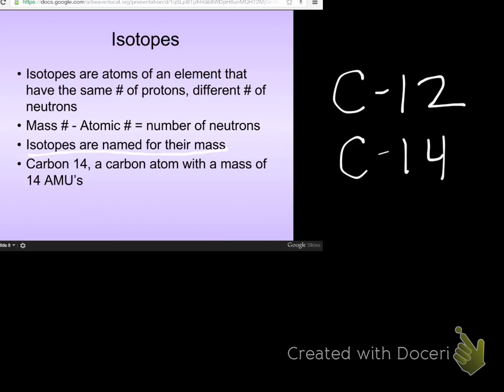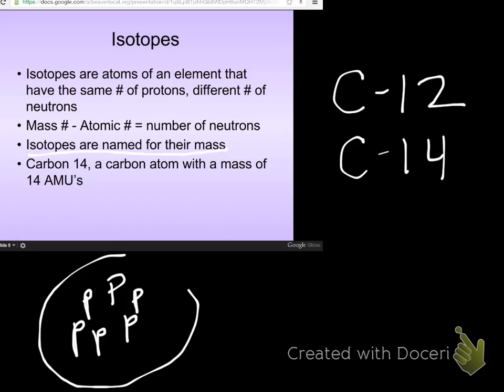We can figure out how many neutrons are in any given isotope. So let's take carbon-12. Okay, carbon has got 6 protons. 1, 2, 3, 4, 5, 6 in its happy little nucleus. Each of those has a mass of what? 1 AMU. So the protons alone have a mass of 6 AMUs.